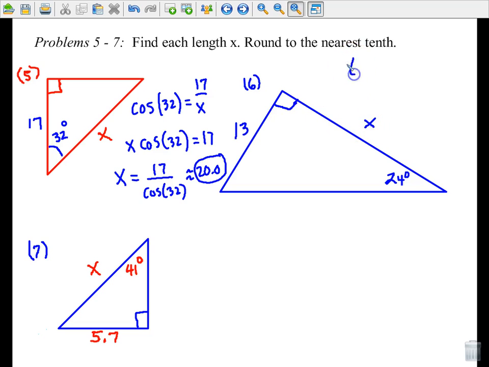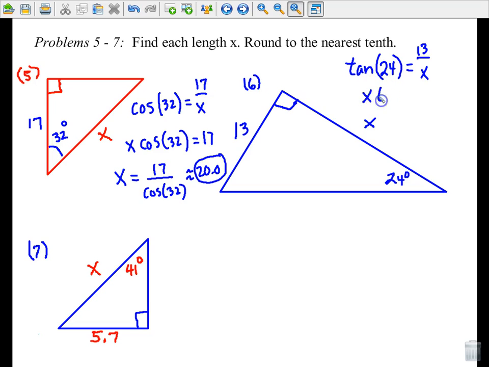And hopefully, if you had to look back on your notes, you discover that that is tangent. Tangent 24 degrees equals the opposite side, which is 13, divided by the adjacent side, which is x, unknown at this point.